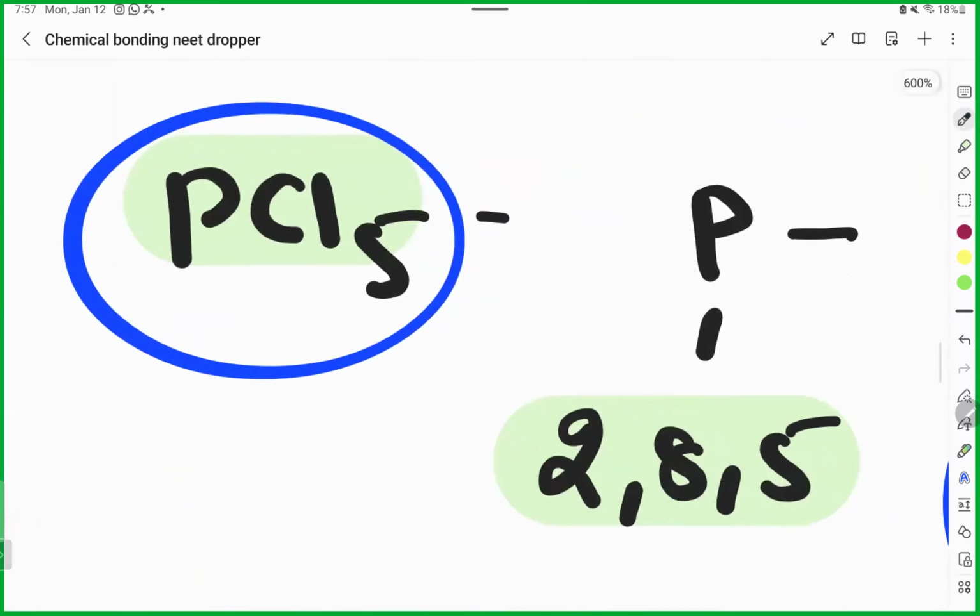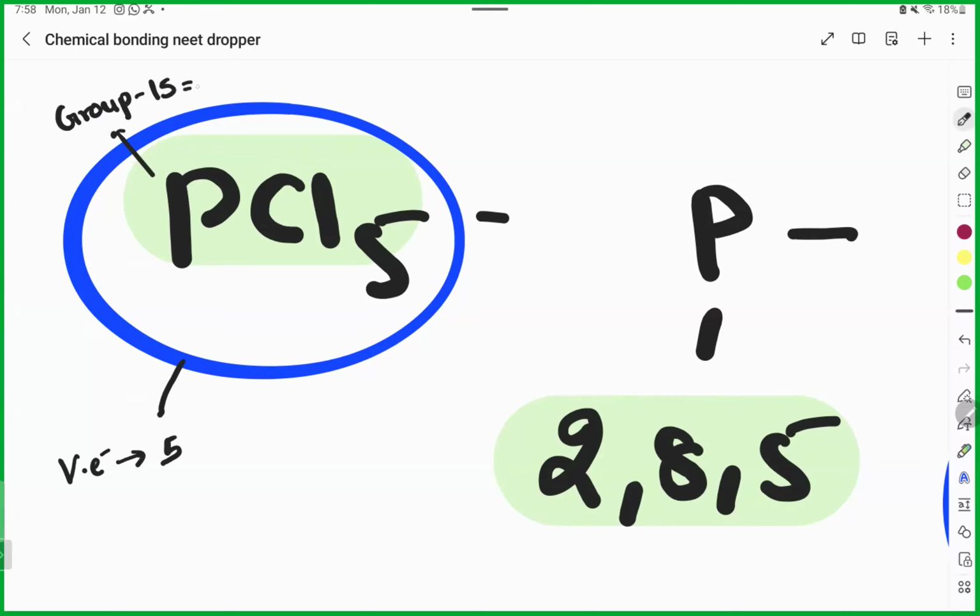So what is the valence electron in phosphorus? Maybe group 15. Yeah, so valence electron 5. Group 15.